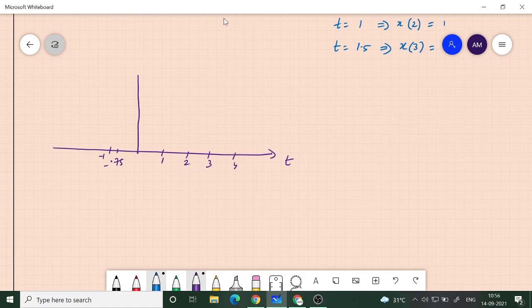So anybody remember the problem? From minus 0.5 onwards, up to where it was? Up to 1.5 I think, right? Our earlier problem. Up to 1.5 I had it remaining at 1, and then what happened? It goes to 2.